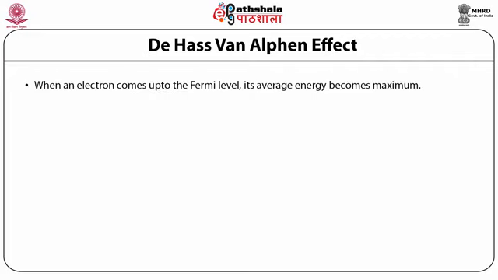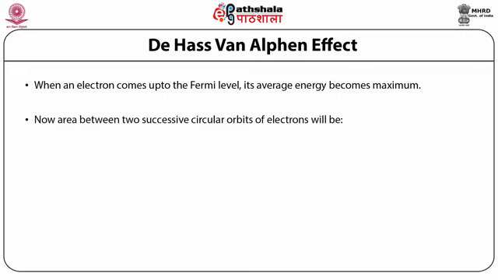When an electron comes up to the Fermi level, its average energy becomes maximum. But with increase in magnetic field, the Landau tubes cross the Fermi surface and result in a decrease in average energy, which shows that a small variation in applied magnetic field results in oscillation in average energy.